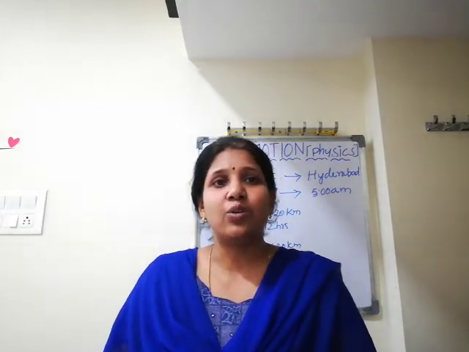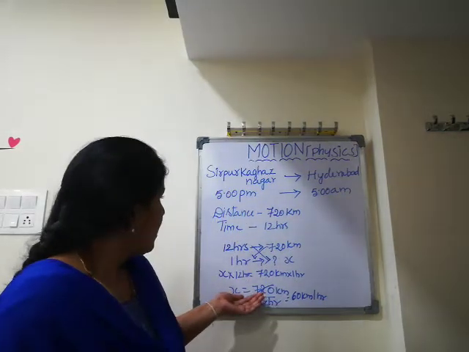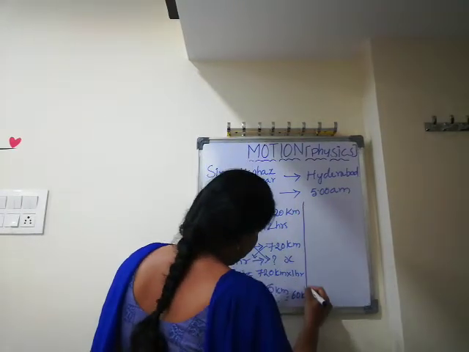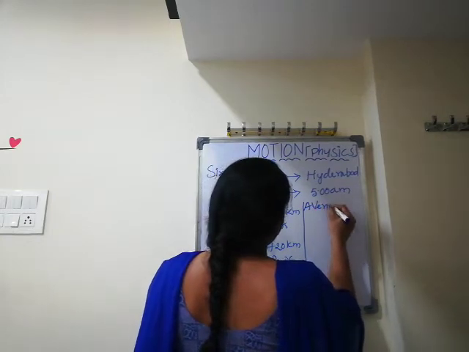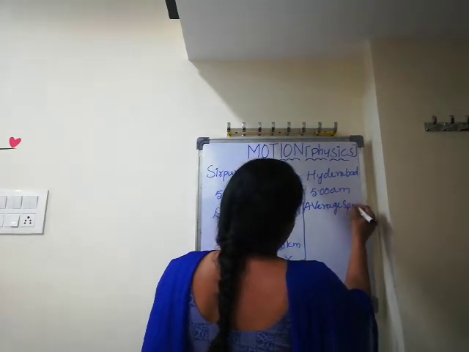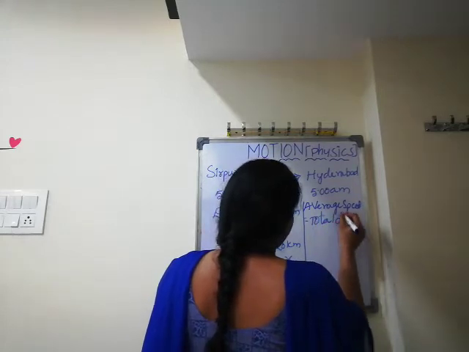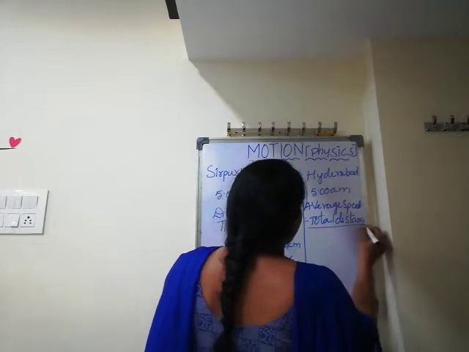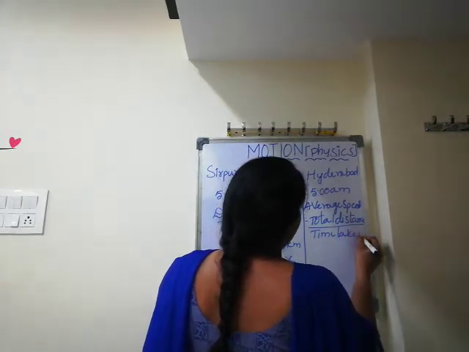So that is why we have to calculate average speed. Average speed is equal to total distance traveled by time taken.